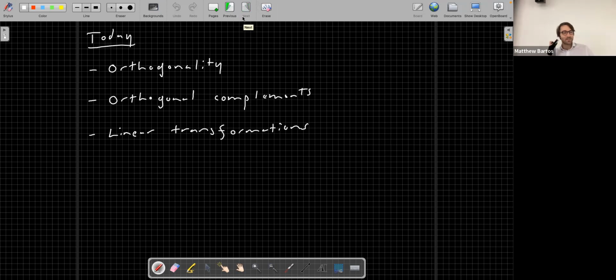Today, we're going to finish up our discussion from last time. We're going to talk about orthogonality of vectors. We're going to talk about the orthogonal complement of a vector space. This is going to be important later on when we talk about the four fundamental subspaces and controllability and observability of dynamical systems.